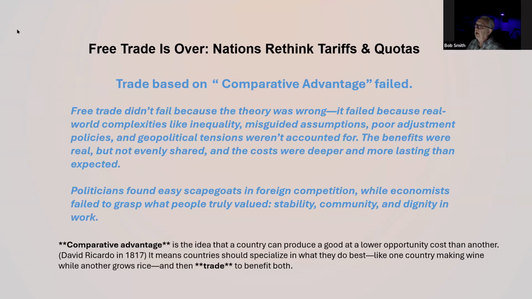So all of this was on, and I always like to take a step back and look at it and say, okay, what's the theory behind that? And the theory of what we had before on the free trade is based on comparative advantage. But free trade didn't fail because the theory was wrong. It failed because of real world complexity, like inequality, which means some countries really don't have a comparative advantage.